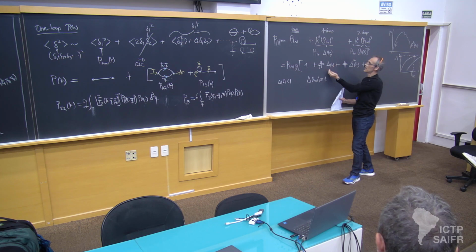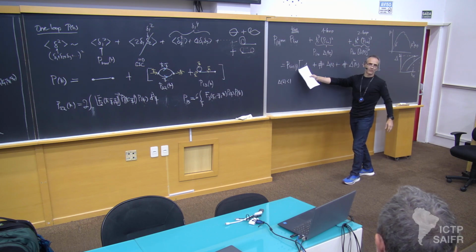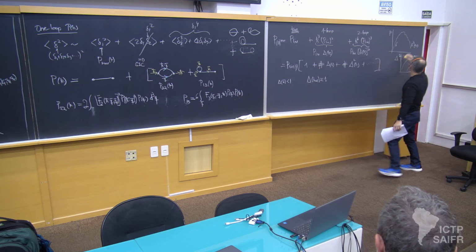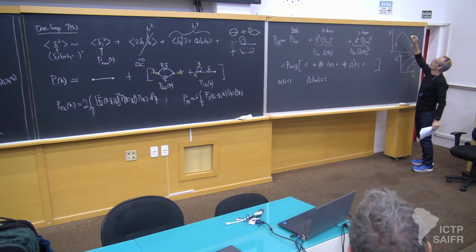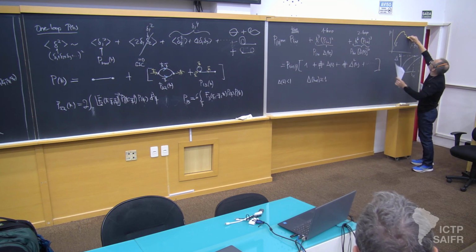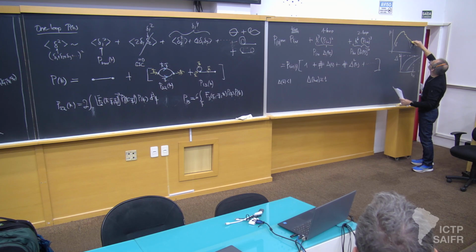And the larger the K is, at low K, this goes to 0. So at low K, the linear approximation still works, right? So if I now draw in yellow the nonlinear power spectrum, this will not be changed. Depending on what redshift I do this, you will start to see changes here.